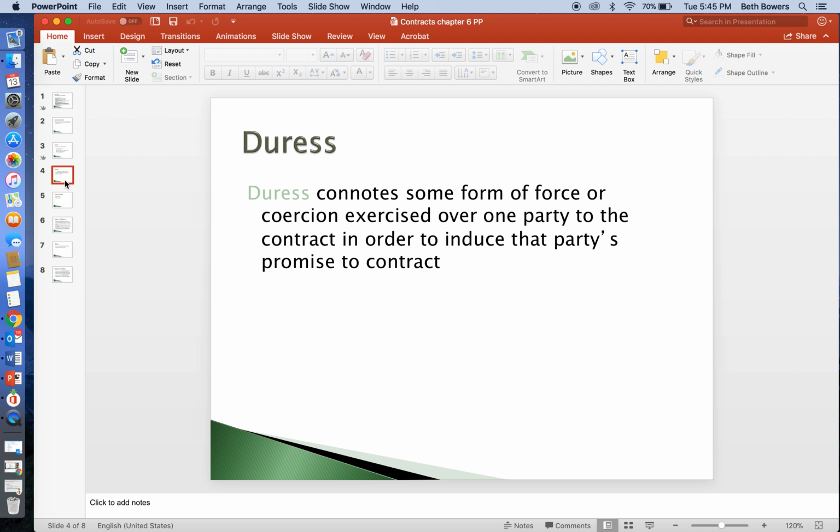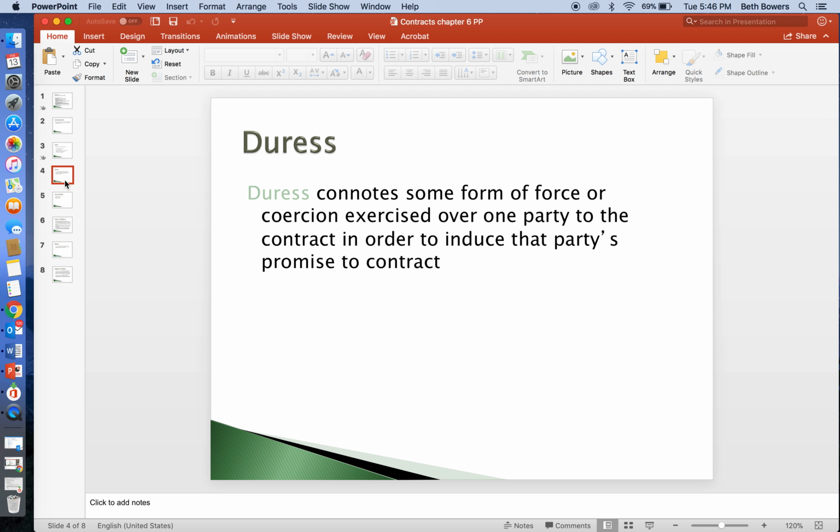But the thing to keep in mind here is, again, how is this going to be proven? If Morris is going to make that claim that he entered into this contract only at gunpoint, how would he prove that? Would he have video of that? Would he have any sort of other evidence other than just his word?